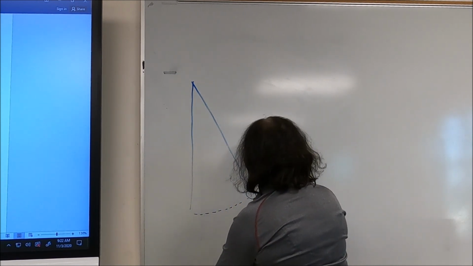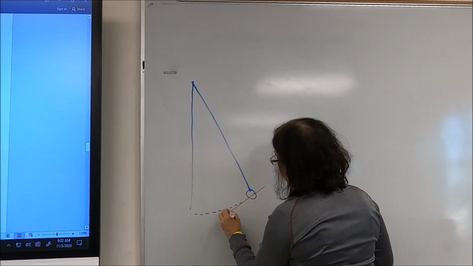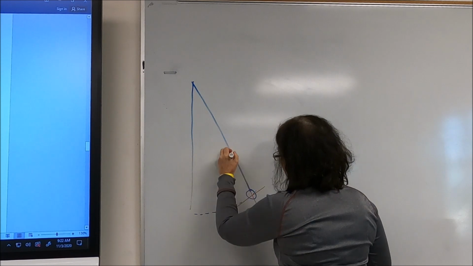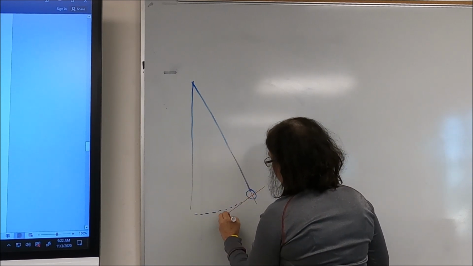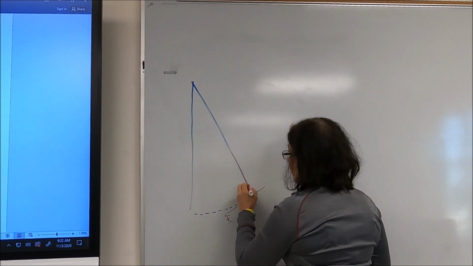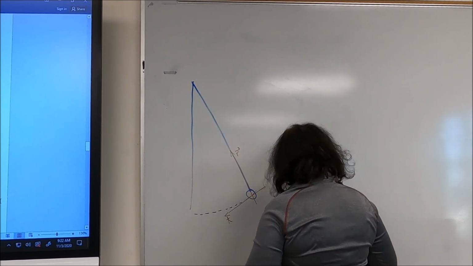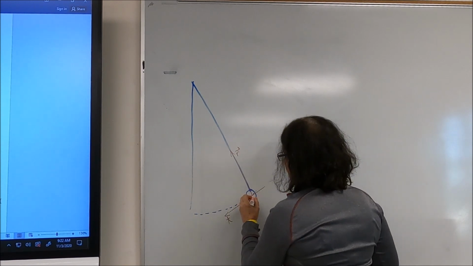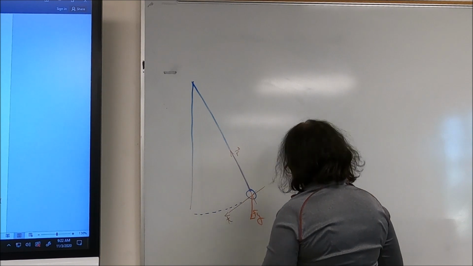Now, let's think about something following a circular pathway. This is our tangential axis. This is our radial axis. And our force due to gravity is here.